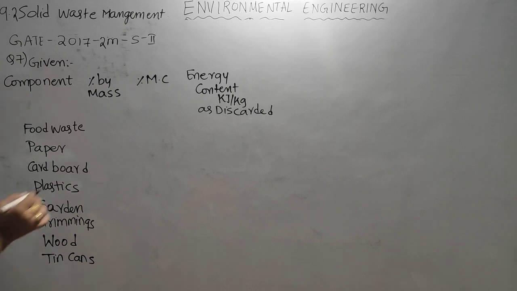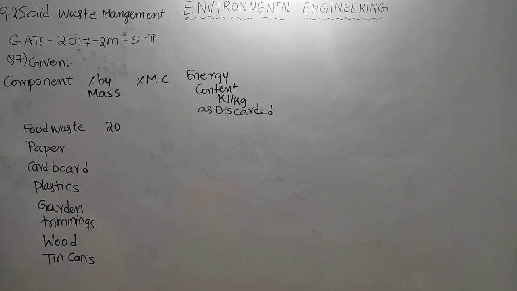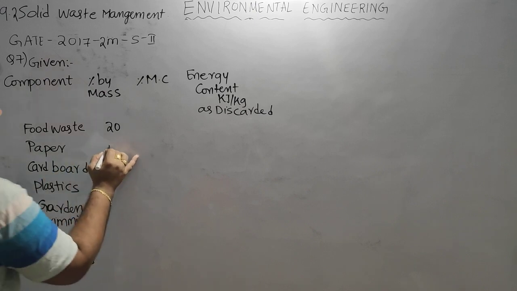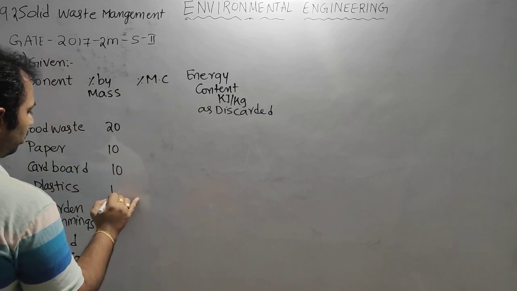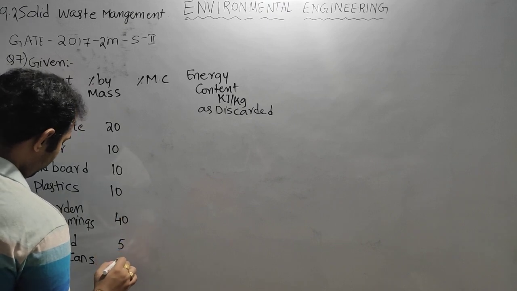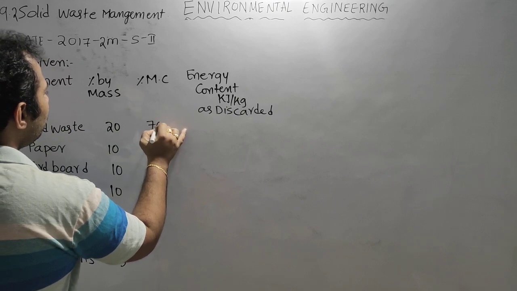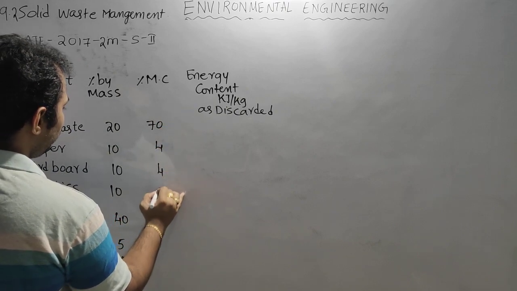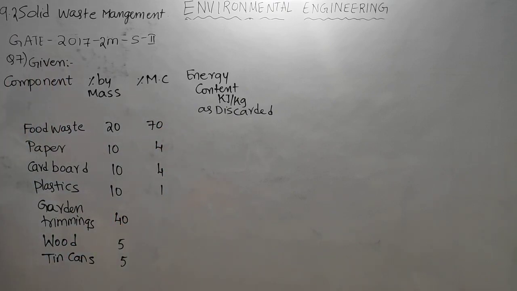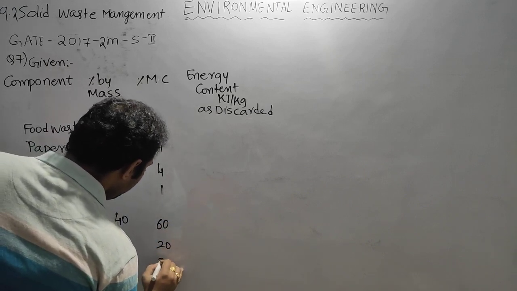Percentage by mass: 20%, next is 10, 10, 10, 40, 5 and 5. So these are the proportions by mass. Percentage moisture: 74, 4, 1, 60, 22, 60, 20 and 2.